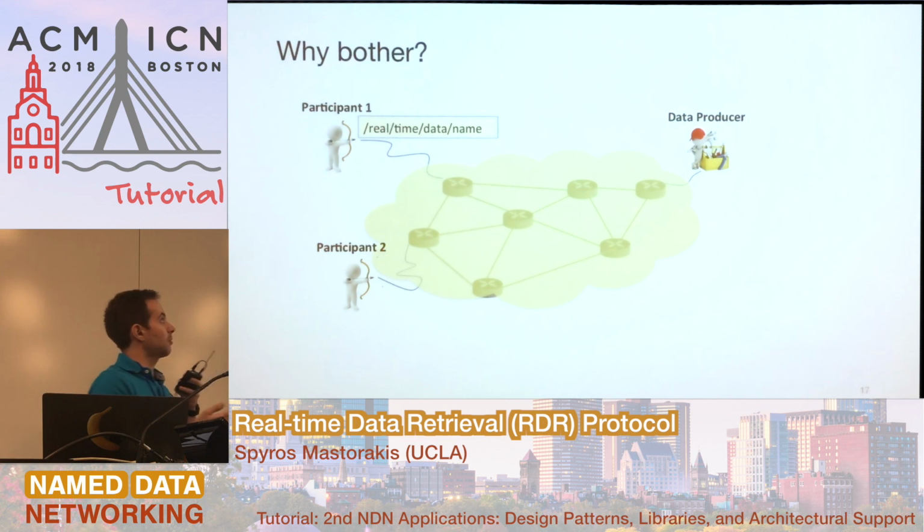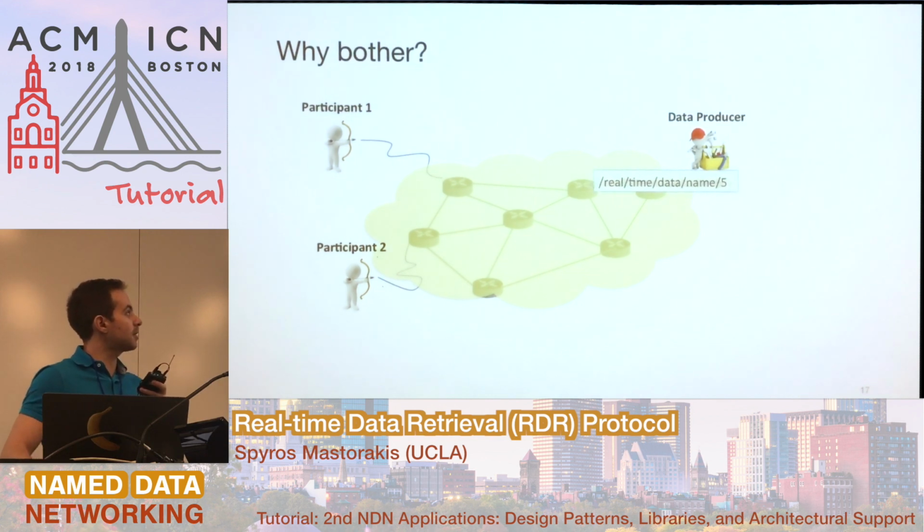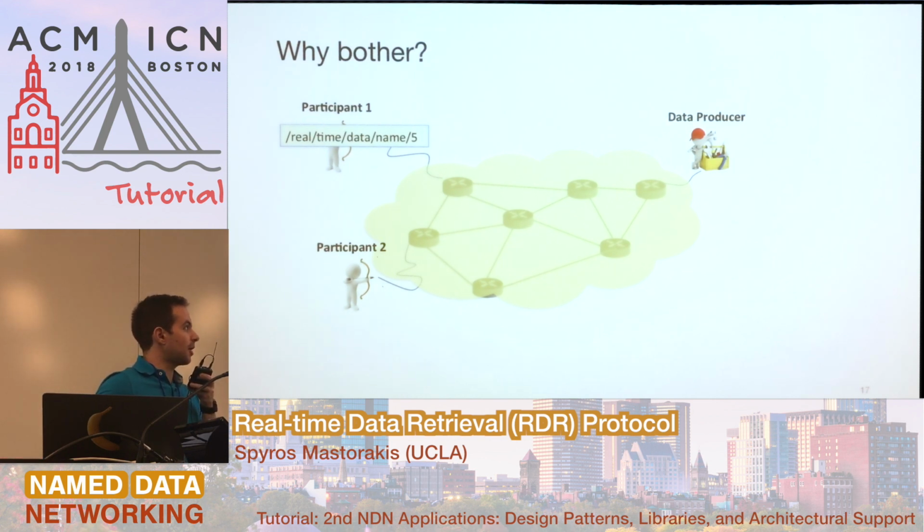The first participant will join and will send an interest for some real-time data. This interest will be forwarded through the network, reach the data producer, and the data producer will send the data back with the segment number of the latest data, which is number 5. This data packet will be cached through the network.